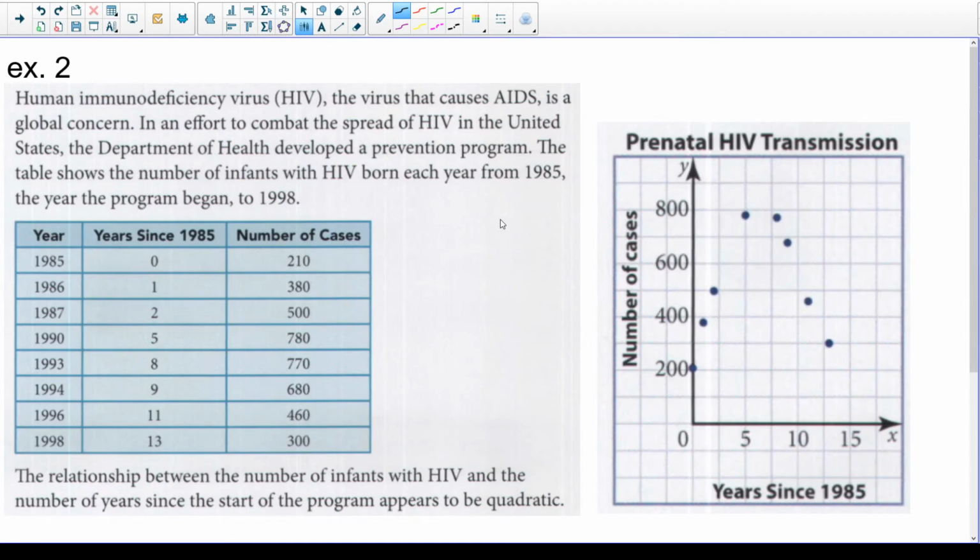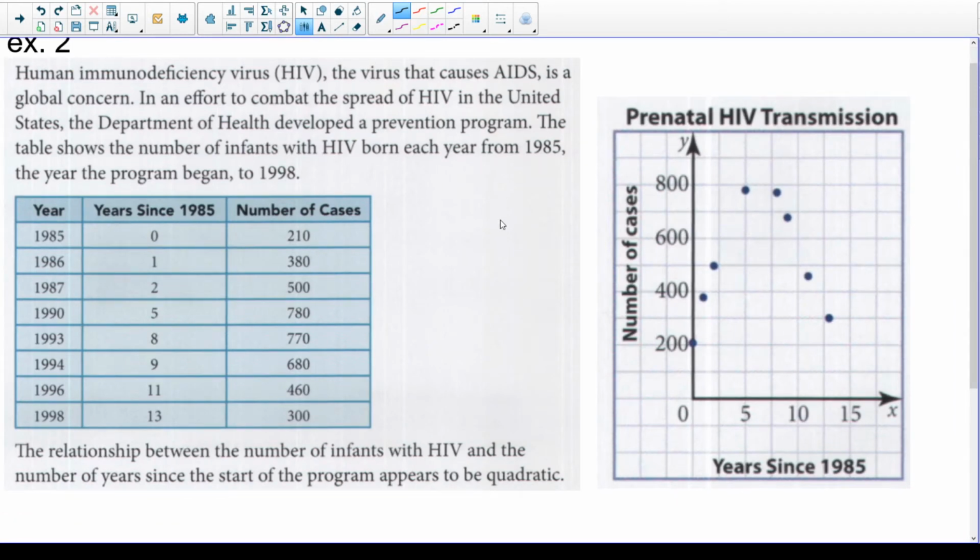So here's example 2. It says the human immunodeficiency virus, or HIV, the virus that causes AIDS, is a global concern. In an effort to combat the spread of HIV in the United States, the Department of Health developed a prevention program. So we have a table that shows the number of infants with HIV born each year from 1985, and we also have the graph of that table.